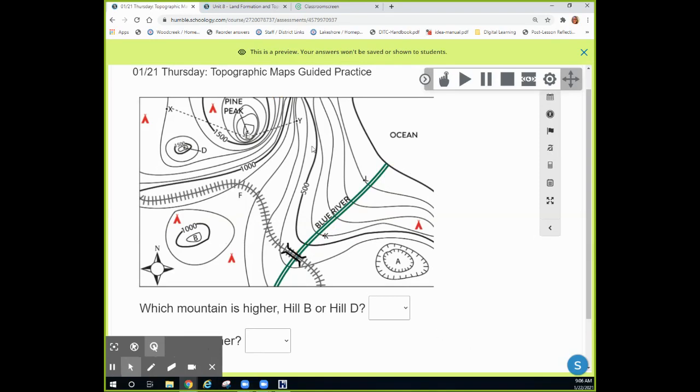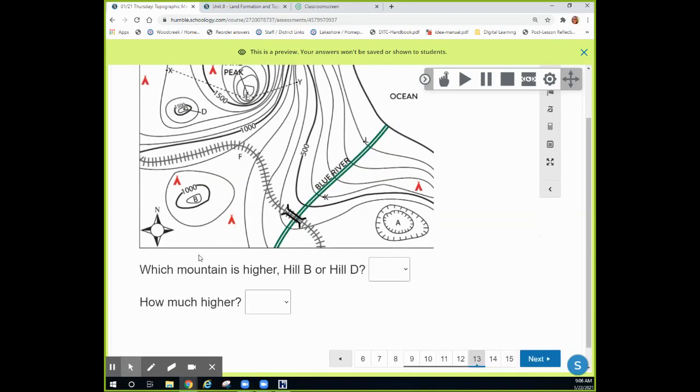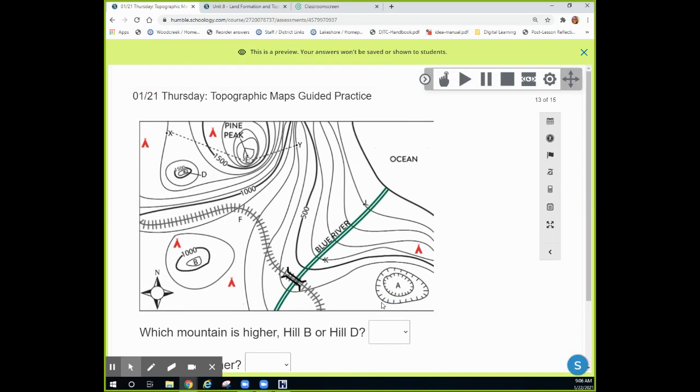Question number 13 is asking us which mountain is higher, Hill B or Hill D, and then we're going to calculate how much higher. So first, let's look at Hill B, which is right here, and Hill D, which is right here.